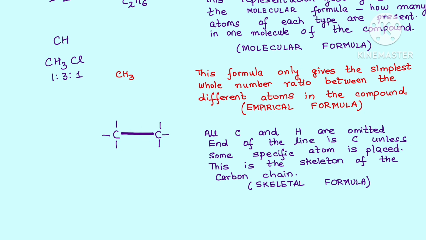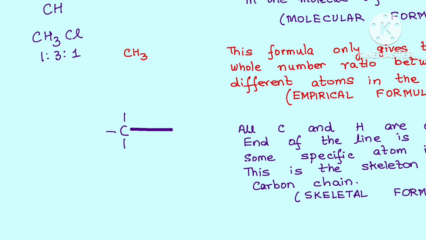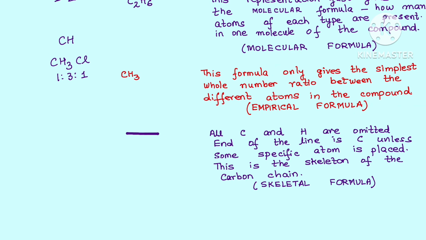Meaning to say, while drawing this structure, we do away with the carbon atoms and the hydrogen atoms, because we know that we are talking about an organic compound which is made up of carbon and hydrogen. So here the valencies of carbon are satisfied by hydrogen. The single line over here simply means the single bond between the carbon atoms.